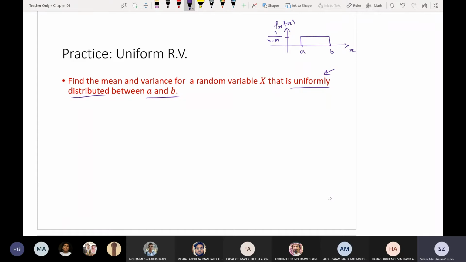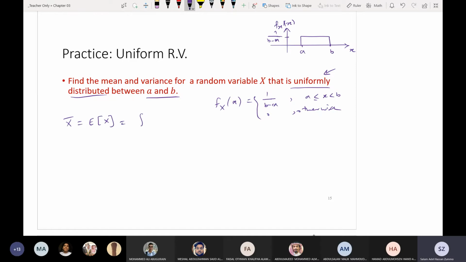Analytically, we can write it as 1 over b minus a for a less than or equal to x less than b, and 0 otherwise. Right? So now, in order to find the mean, it is the expected value of x, right?